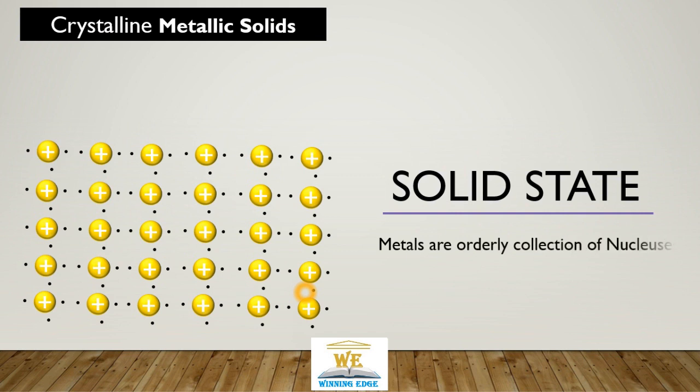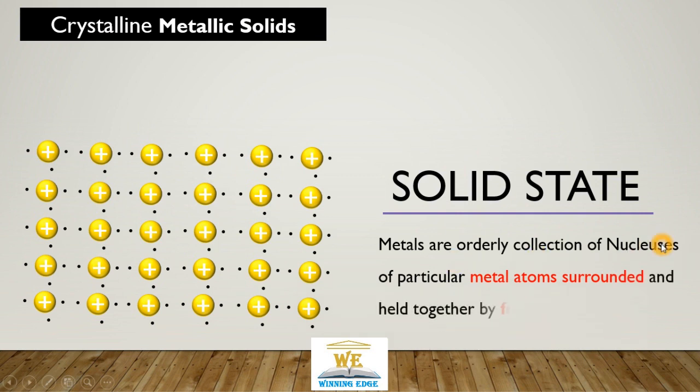Now, metallic solids, crystalline metallic solids. Metals are an orderly collection of nuclei of a particular metal atom surrounded and held together by free electrons.